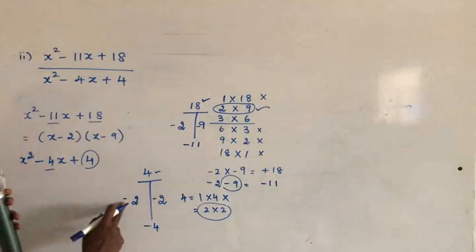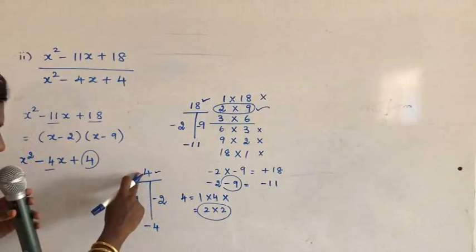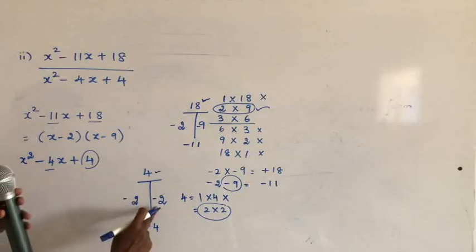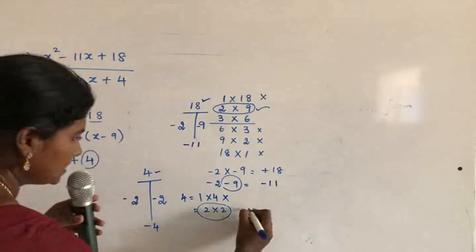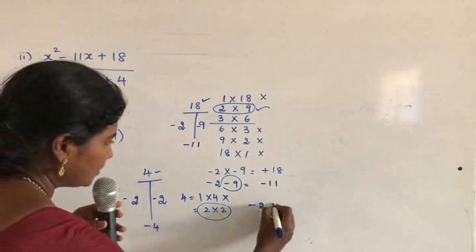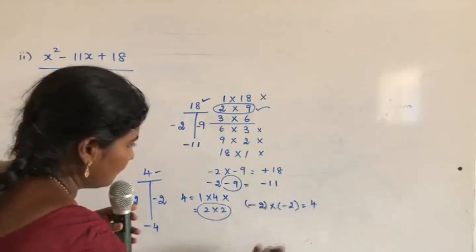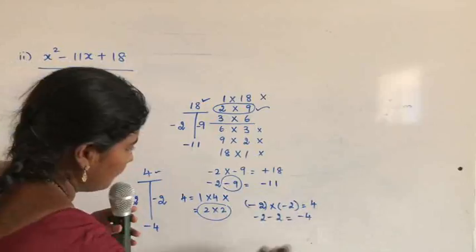When you multiply minus 2 into minus 2, you get the answer plus 4. Similarly, when you add minus 2 and minus 2, you get the answer minus 4. I'll just explain over here. Minus 2 into minus 2 is equal to plus 4. Minus 2 minus 2 is equal to minus 4.